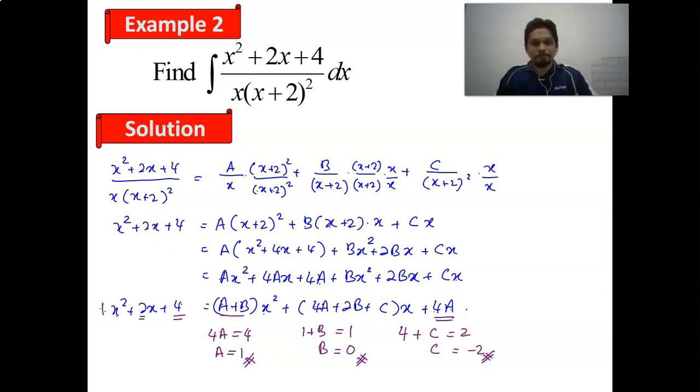Okay class, the original partial fraction for this is A divided by x, and then B divided by (x + 2), and C divided by (x + 2) in bracket square.